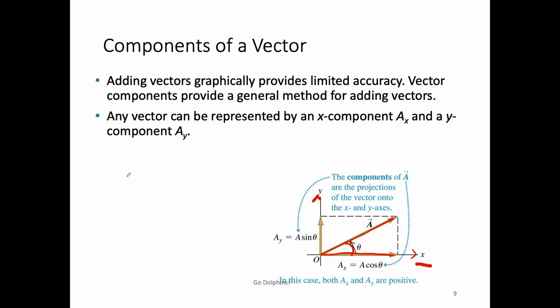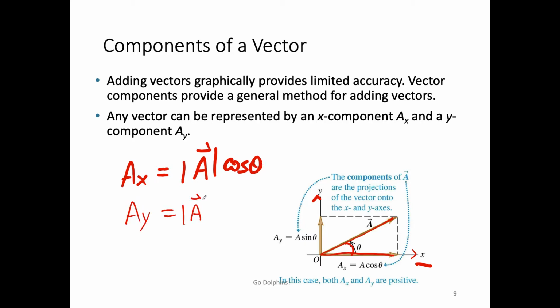So of course, you see Ax in magnitude would be A cosine theta. And similarly, Ay is A sine theta.